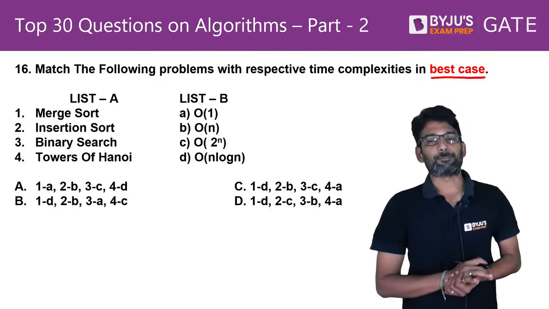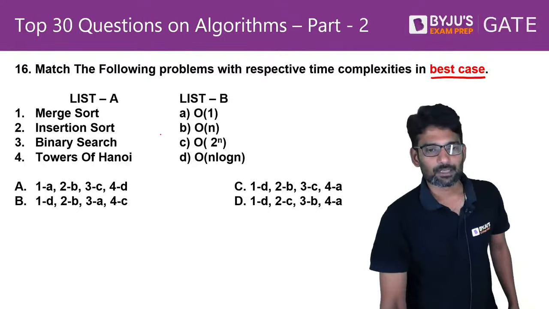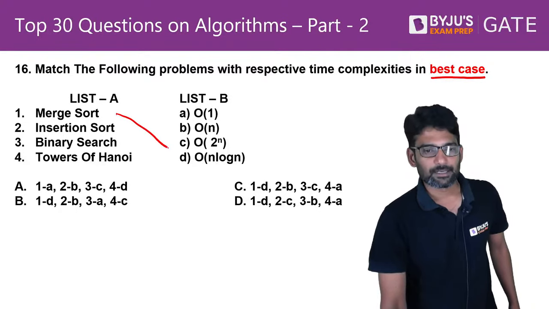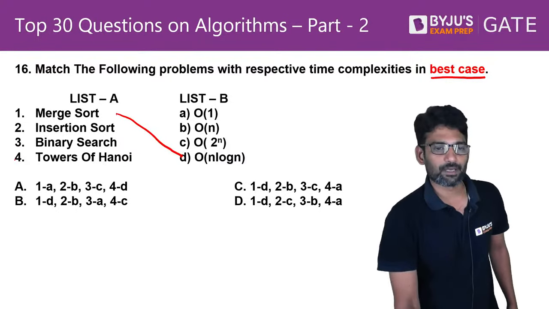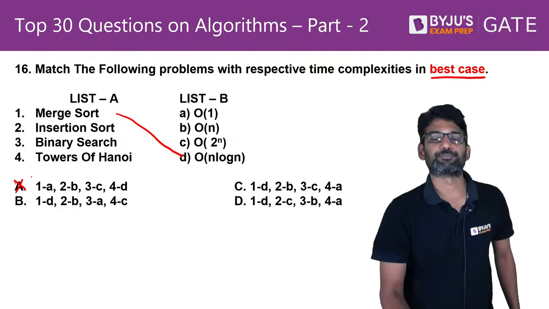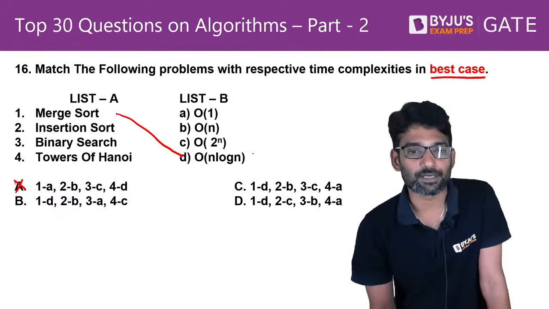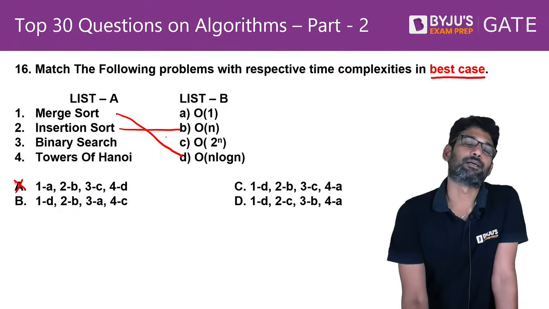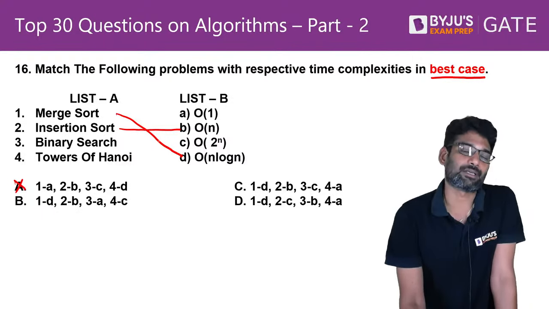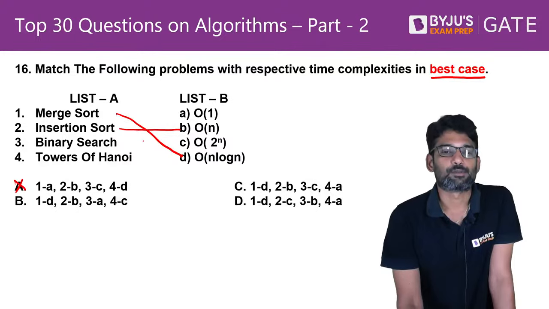Merge sort. In best case, average case, worst case, the time complexity is n log n. So, option A you can actually eliminate here. Insertion sort. In best case it is n, in the average and worst cases it is n square. So, 2B.